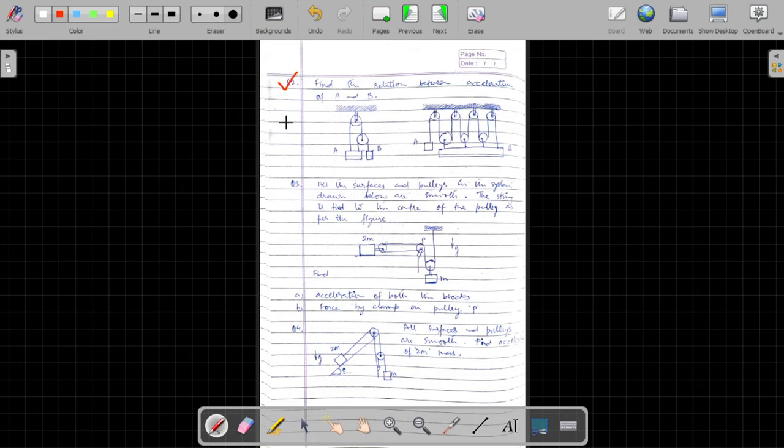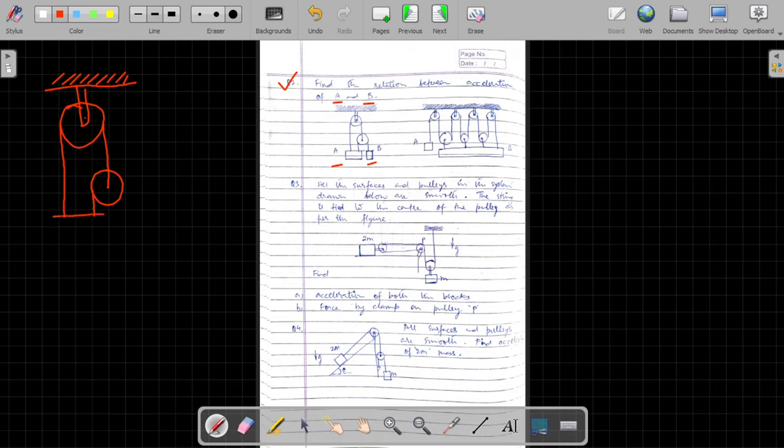So, let us do question number 2. You have to find the relation between the accelerations of blocks A and B. So you are given block A, you are given block B. Let us just draw this pulley system.